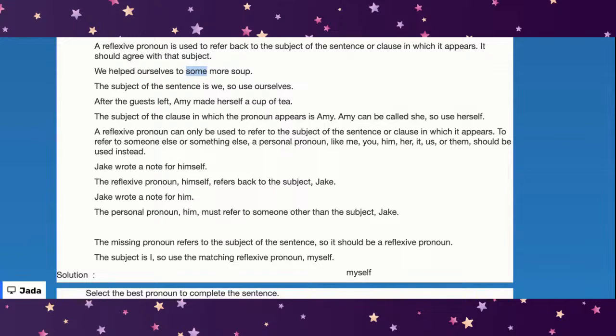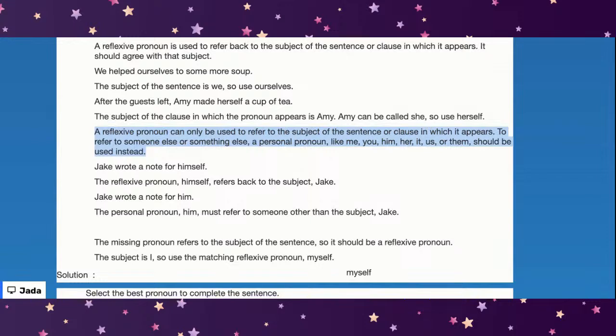Now, a reflexive pronoun can only be used to refer to the subject of the sentence or clause in which it appears. To refer to someone else or something else, a personal pronoun like me, you, him, her, it, us, or them should be used instead. So that's in case you want to refer to a personal pronoun.